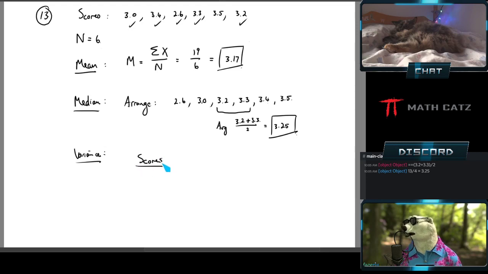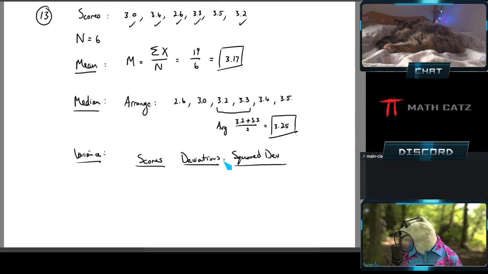I have my scores. The mean I have here is 3.17. Then I'll calculate the deviations, and then I will square the deviations. That should be sufficient. We only have 6, but still, I'll leave them in the original order. It really doesn't matter, as long as I do them all.